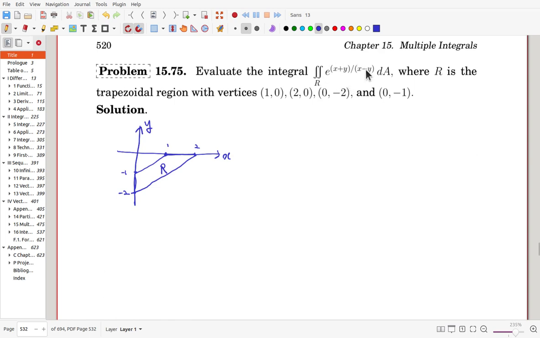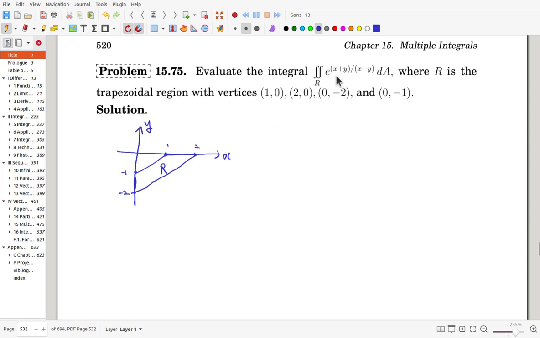Over R, the integrand is defined, but we cannot get the integral directly. So we need some transformation and pre-domain, and we have to figure out the integral through a change of variables. Now, you have to decide the transformation, but it's not easy and there is no hint.